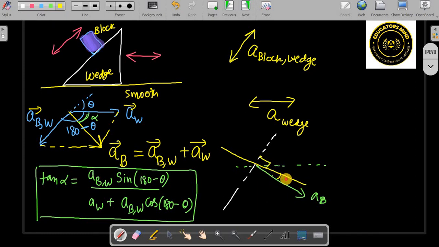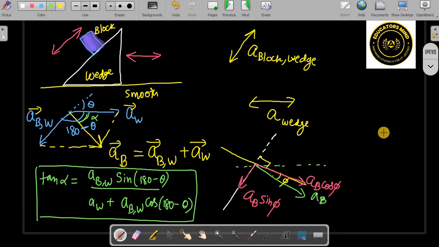So with this it is making some angle phi. We can resolve this acceleration along this normal. Let us say this is acceleration of b cos phi, and this will be acceleration of b sin phi, right? Along the normal we should try to resolve.